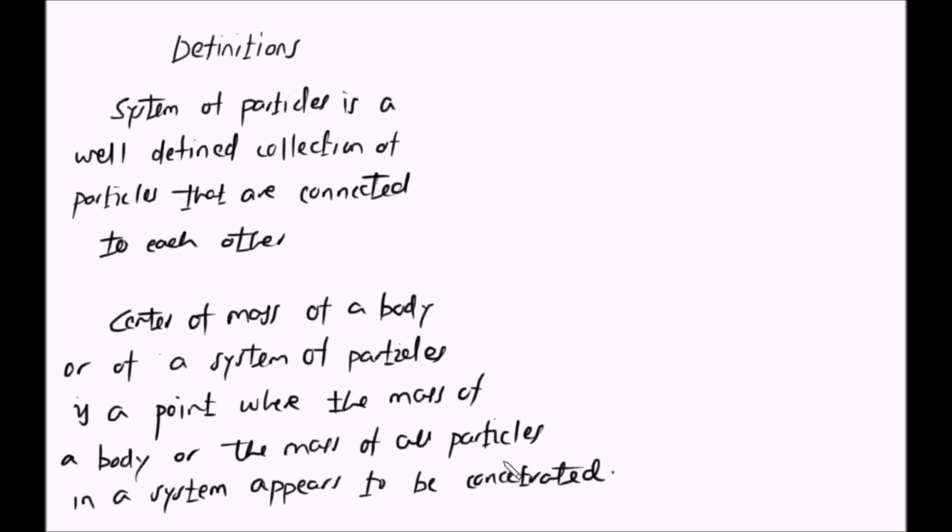Kwa hiyo pale kwa mfano kwenye kesi yetu tuna system of particles. Kila particle ina mass yake. Lakini kuna mass ya system nzima. So eneo ambalo mass ya system nzima ipo concentrated ndio tunaita center of mass.